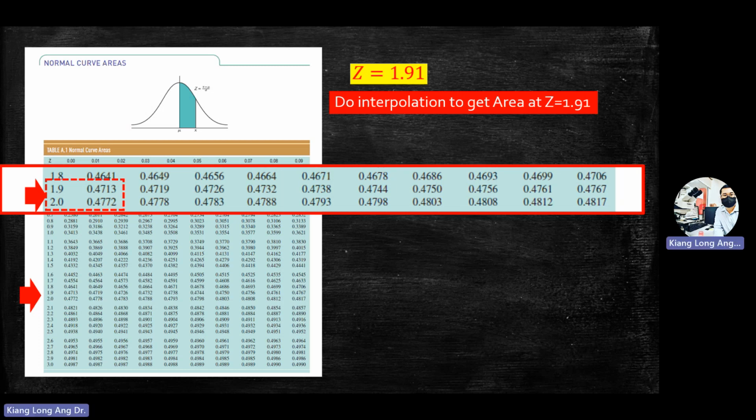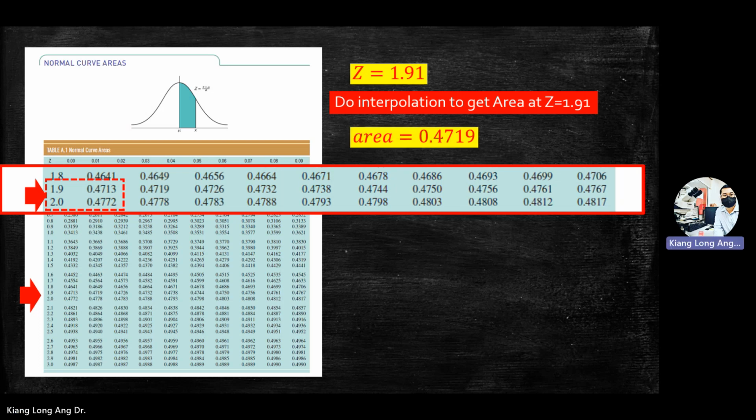You can try to use that method if you can find the numbers. I'm not a statistics guy, right? But you can try using what you learn. But I always like to use interpolation.